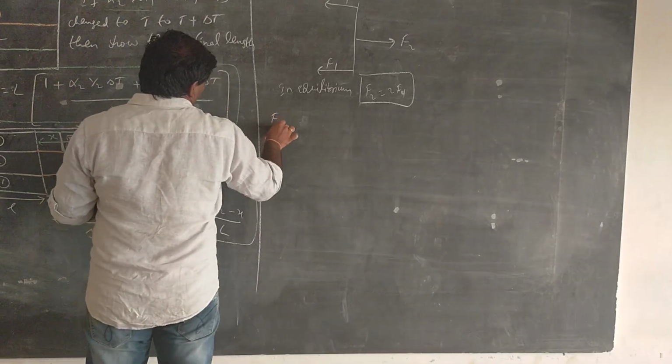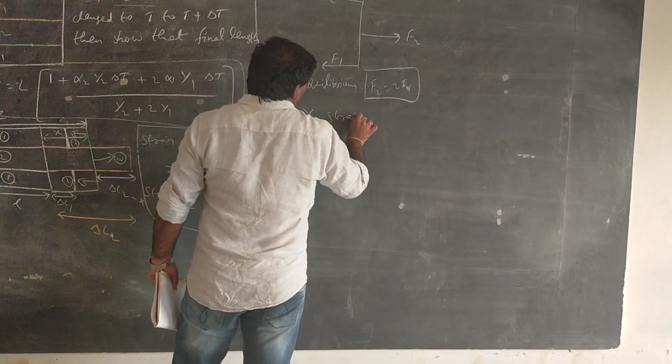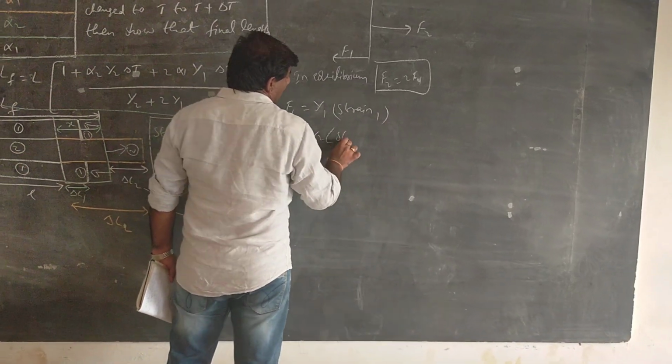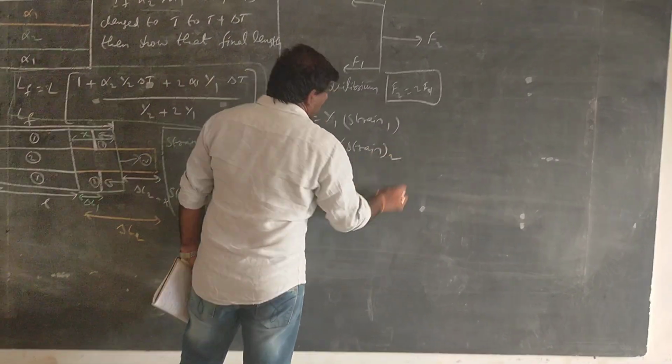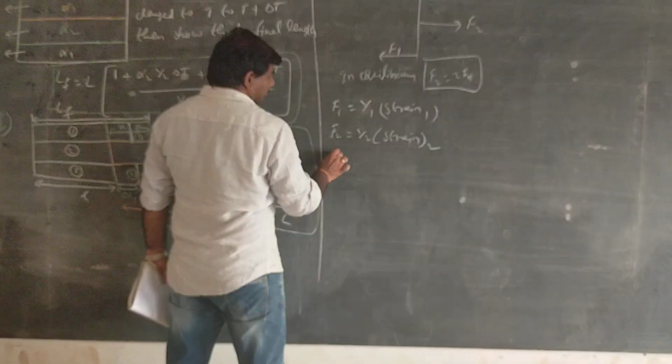What does your F1 come out to be? F1 is equal to Y1 into strain 1, and F2 is equal to Y2 into strain 2. So we can use this formula.